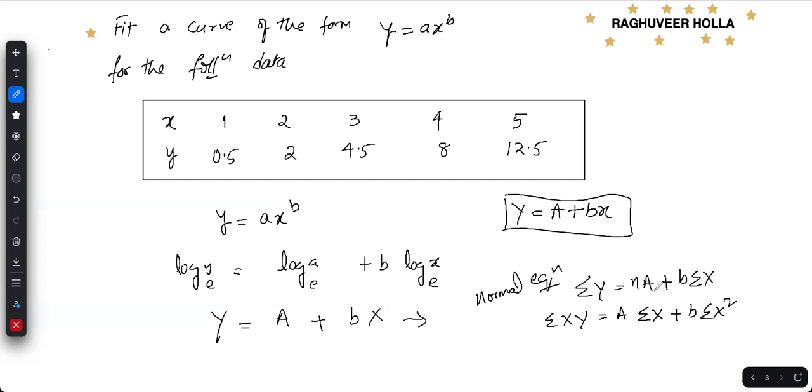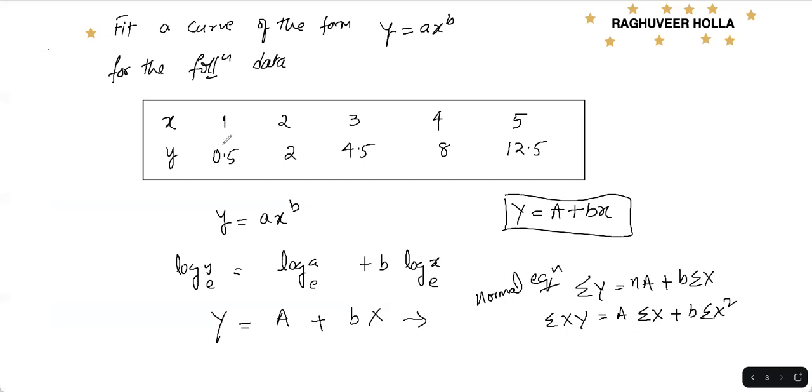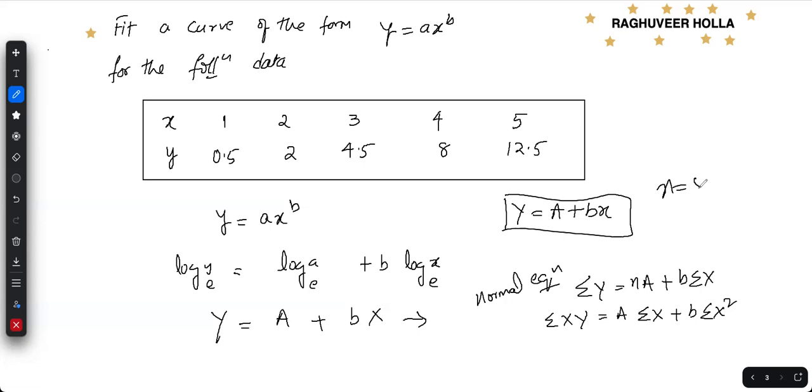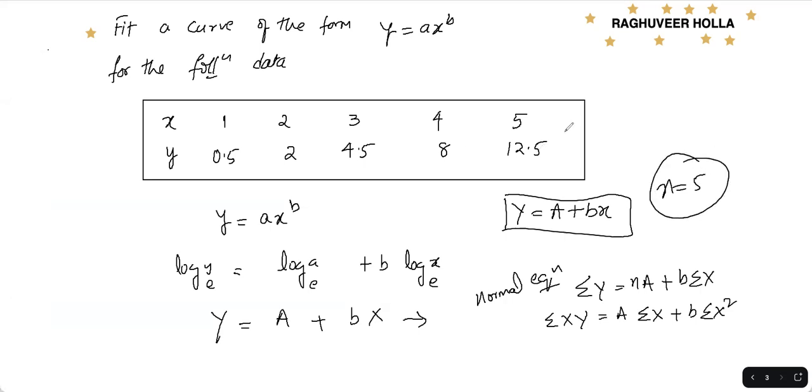Here n would be 5. You have 5 data. Let us form the table corresponding to these.